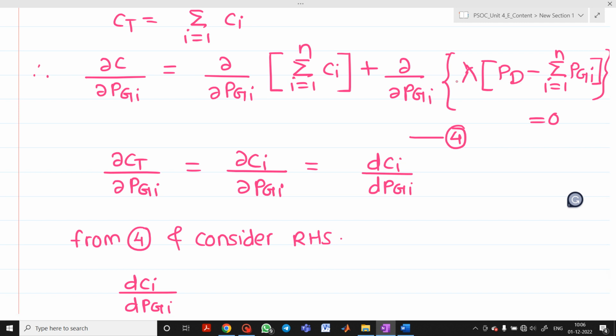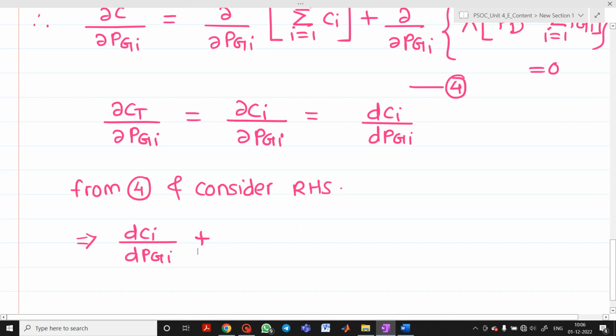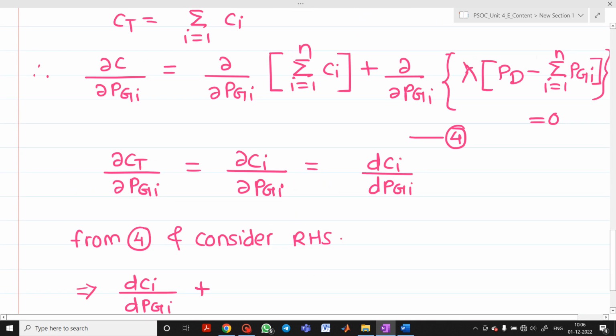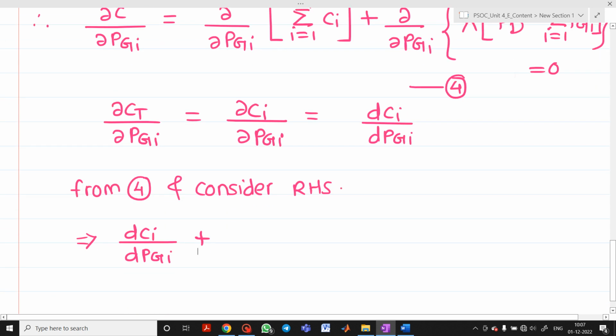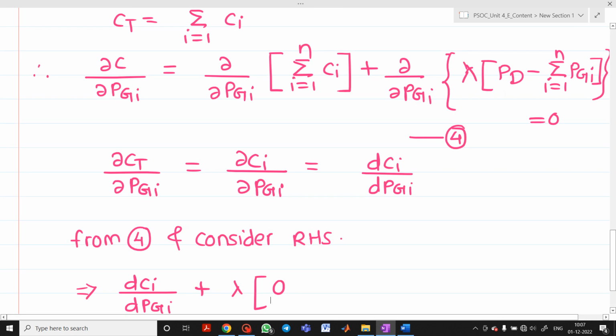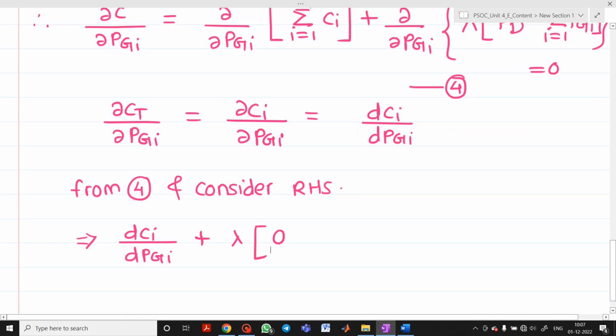So in this place I am going to write dCi upon dPGi plus, now this PD, suppose the demand is a constant, so the derivative of a constant is 0. Lambda will be as it is, the derivative of PD with respect to PGi will be 0, and the derivative of PGi with respect to PGi will be equal to 1. So I can write it here as 0.